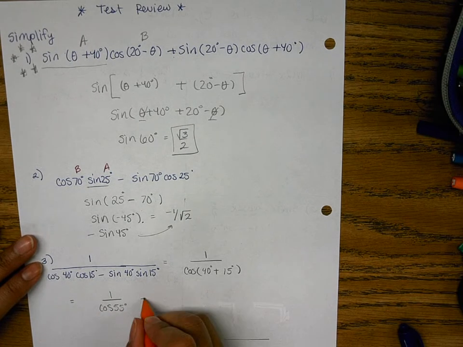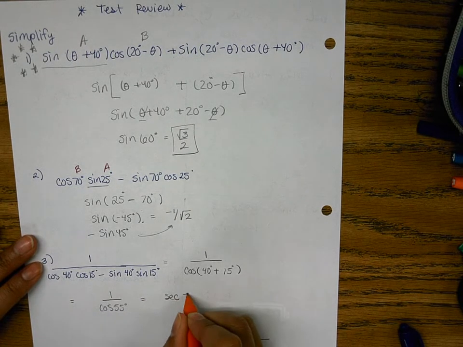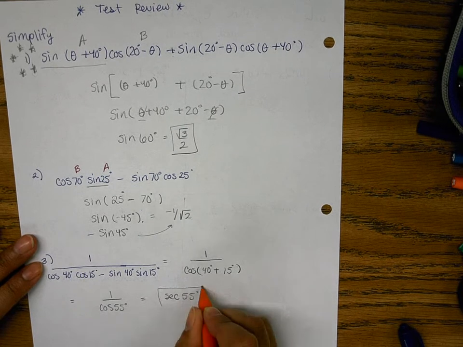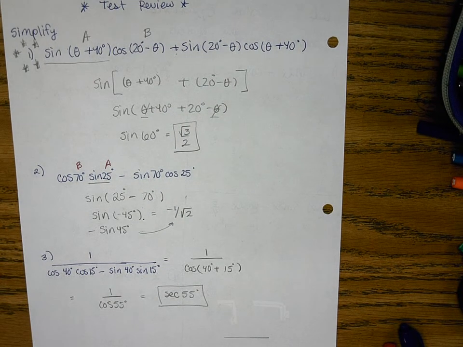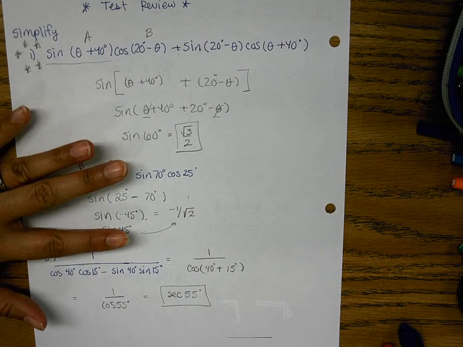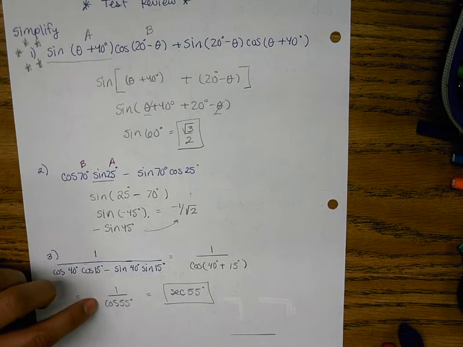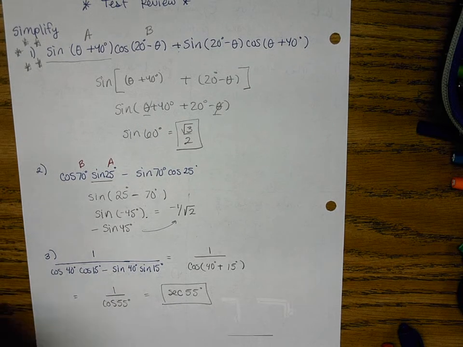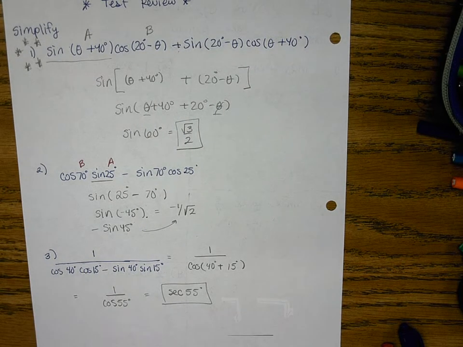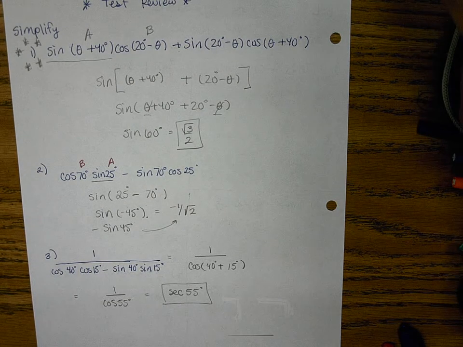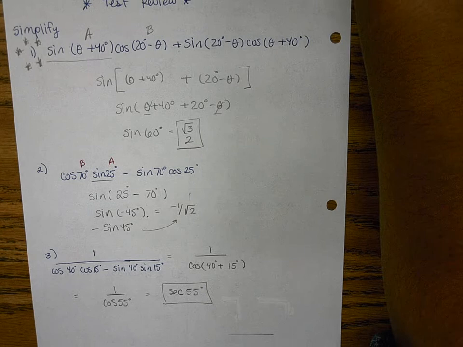And we talked last unit, don't leave your answer like this. What's 1 over cosine? Secant. So you have secant of 55 degrees as your final answer. Okay, so we've never really seen one like this, but we know how to simplify the denominator. And once we simplify, we can recognize that secant of 55 degrees is your final answer. And that is it for this lesson.